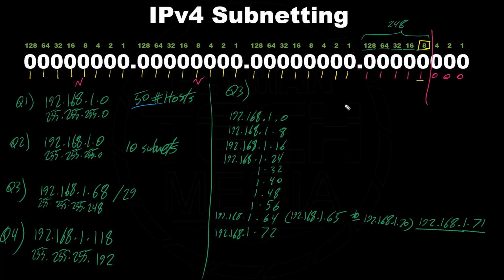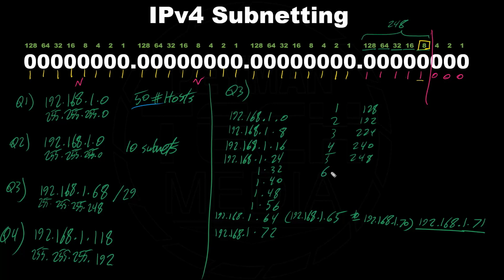And also we do have this chart. If you remember, earlier we talked about this. Anytime we borrow 1 bit, that's 128. 2 bits, that's 192. 3 bits, that's 224. 4 bits, that's 240. 5 bits, 248. And here we can see 1, 2, 3, 4, 5 bits borrowed, right? So it's 248.